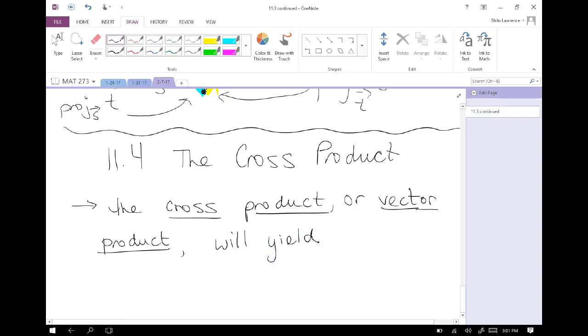And the reason we do vector product is we're looking for something that was perpendicular to the two vectors that we put into it. So the cross product will always yield a vector that is perpendicular or orthogonal or normal. All three of those words pretty much mean the same thing. To the two vectors you put into the calculation.